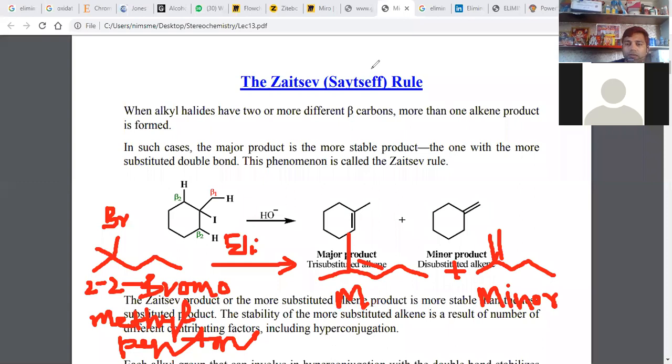We can see here 1, 2 and 3: a tri-substituted alkene, and in this case we have only two substitutions, 1 and 2. This is di-substituted, this is tri-substituted. So this alkene will be the major product compared to this alkene.